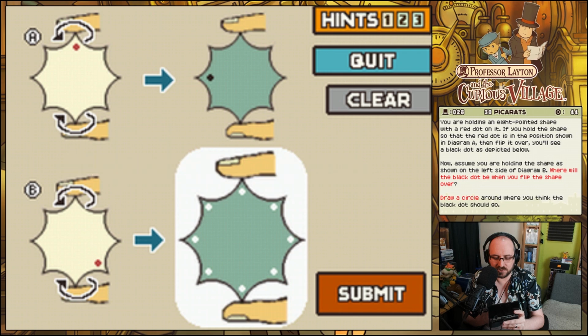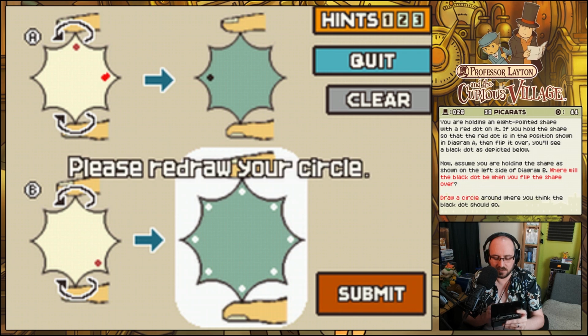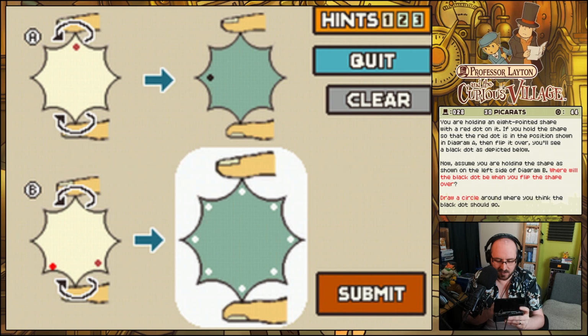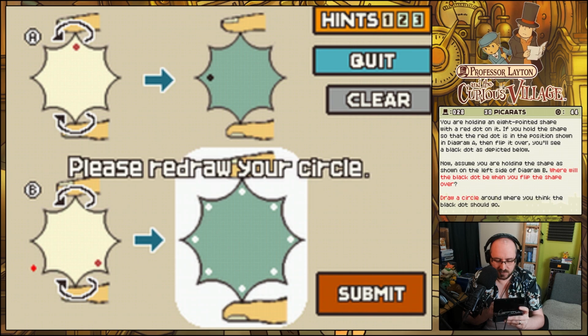It's within 2 points of it, isn't it? So this ends up here. The red dot ends up there. So it's within 2 points of it, and in this, it'd be to the right of it.